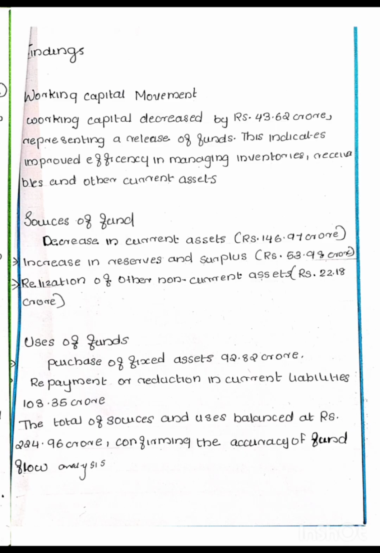Uses of funds, like the purchase of fixed assets, is 92.82 crore, and repayment or reduction in current liabilities 103.35 crore. The total of sources and uses is 224.96 crore, confirming the accuracy of the fund flow analysis.